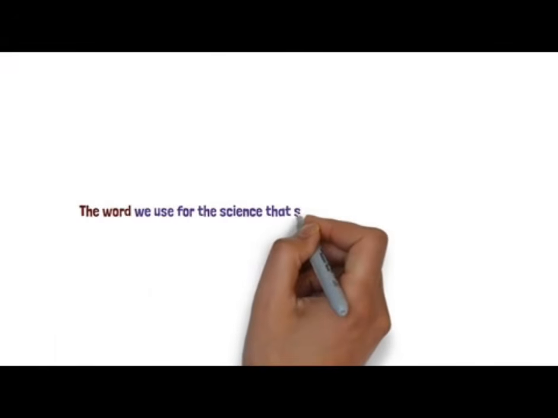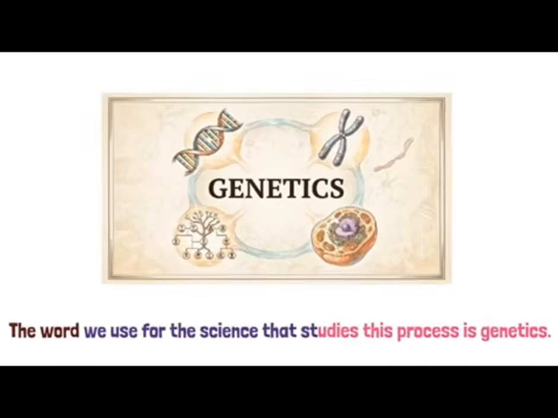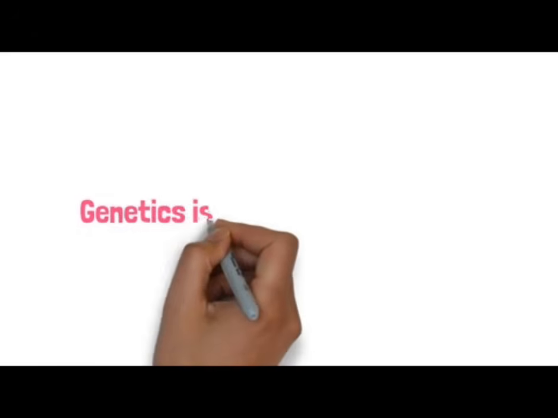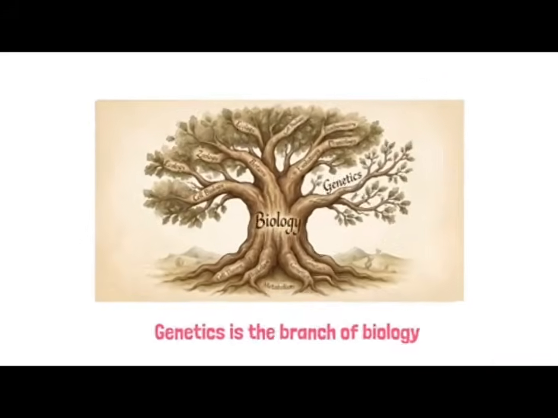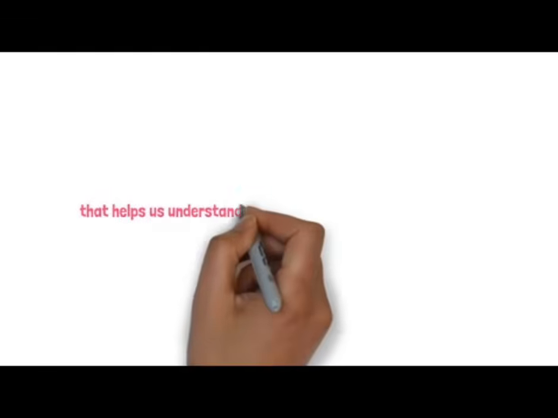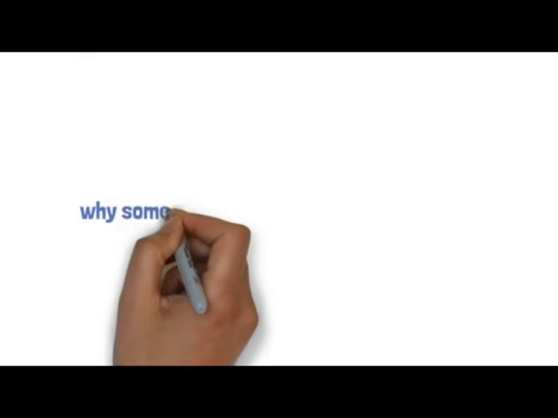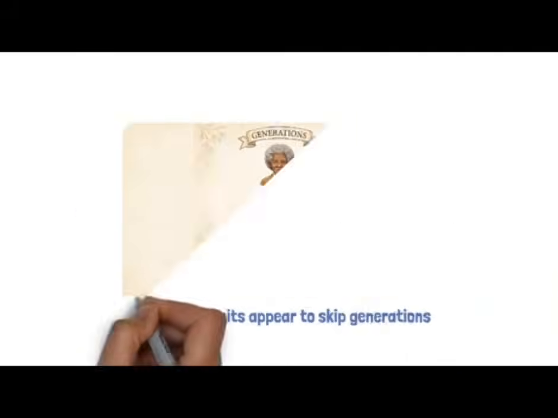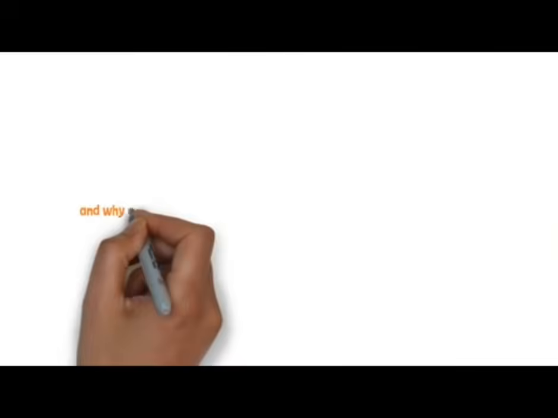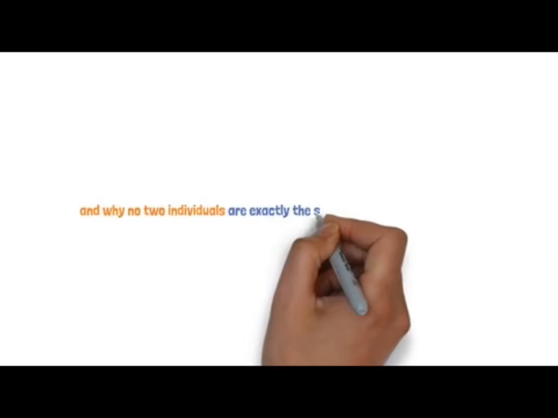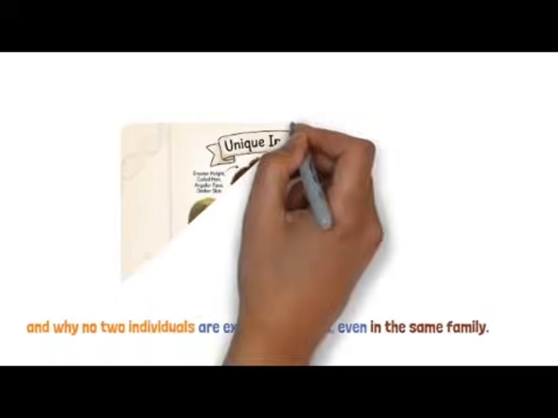The word we use for the science that studies this process is genetics. Genetics is the branch of biology that helps us understand why children resemble their parents, why some traits appear to skip generations, and why no two individuals are exactly the same, even in the same family.